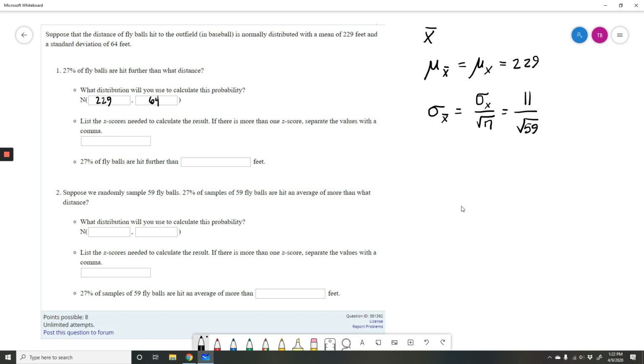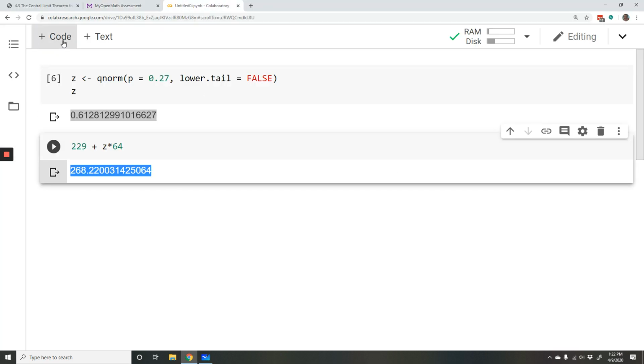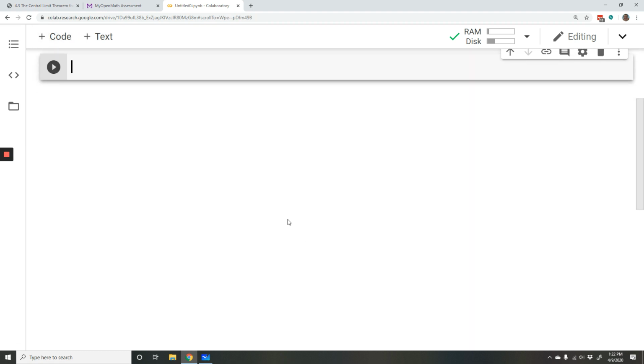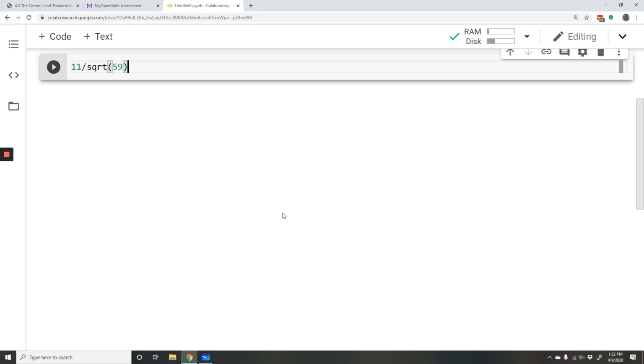Okay, so let's throw that into the notebook so we could get the mean and then the standard deviation. So notebook. So I'm going to take that 11, that is my population standard deviation, and divide by the square root of the sample size, which is 59.